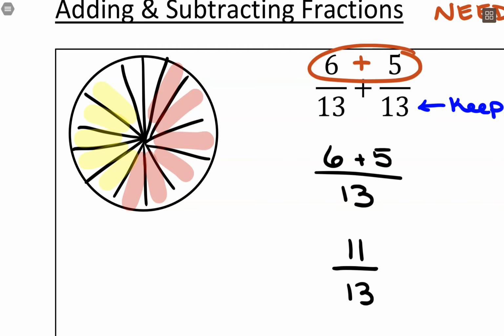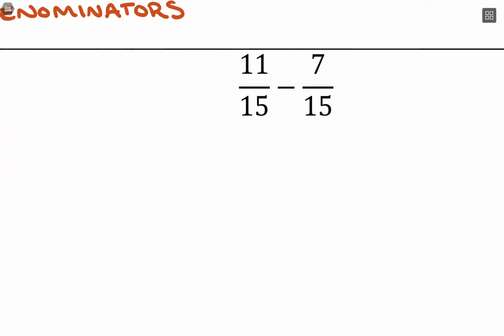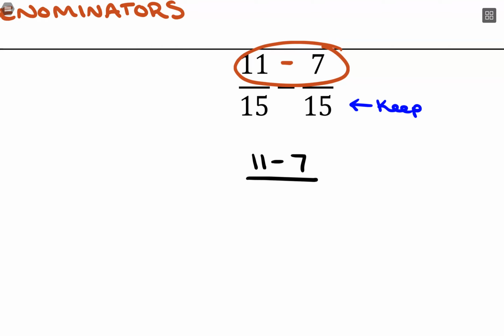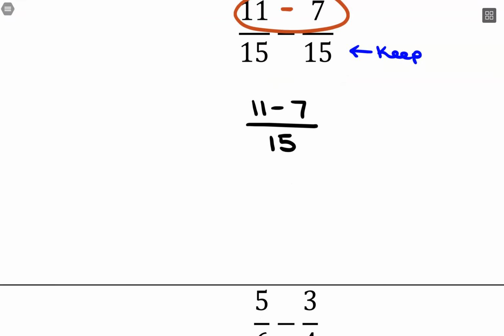So now we can see what parts do we have of the overall whole. Same thing is true with subtraction. If we have the same denominator, then what we're doing is we're combining the numerator and then keep that denominator. So we're going to have 11 minus 7 over 15, which is going to be 4 over 15.